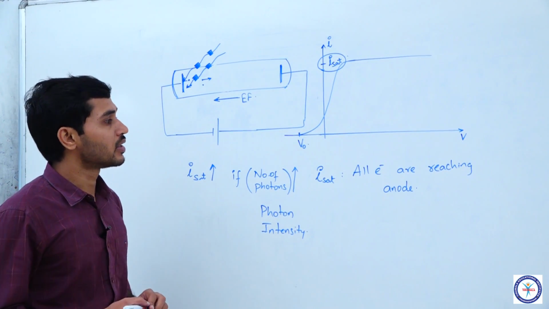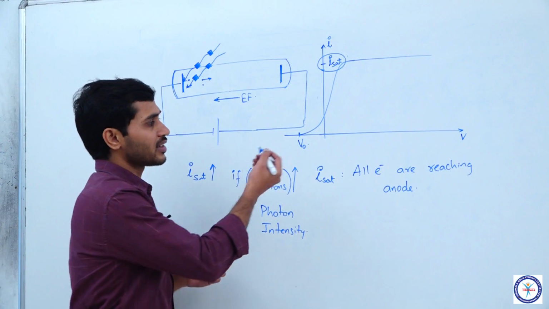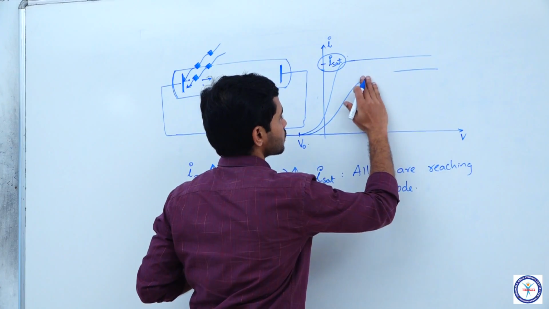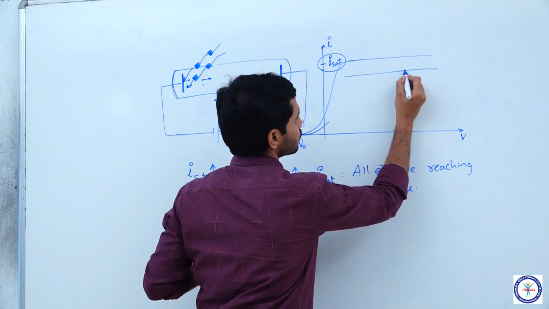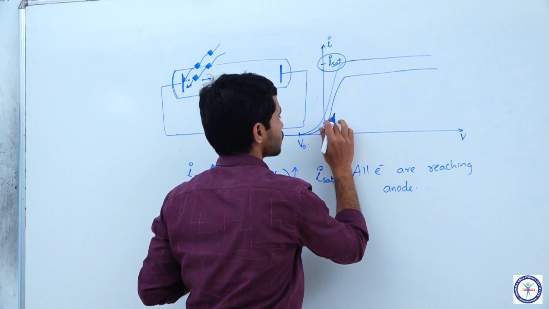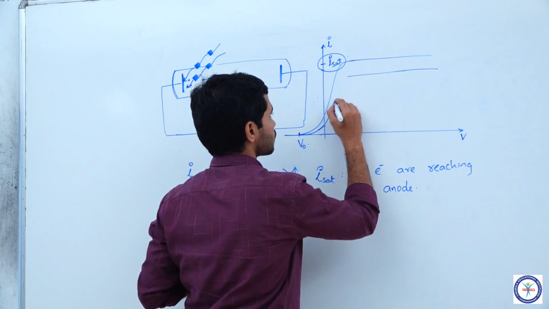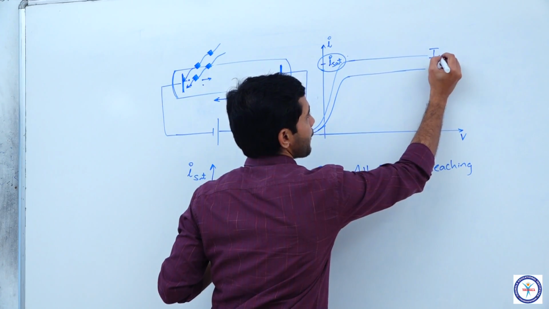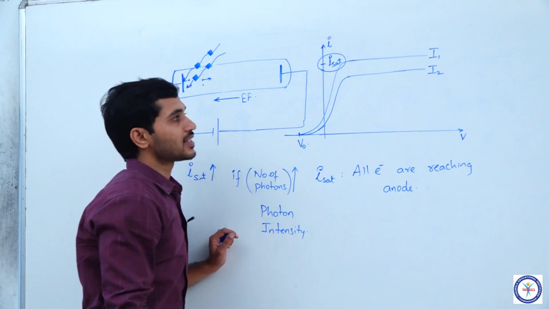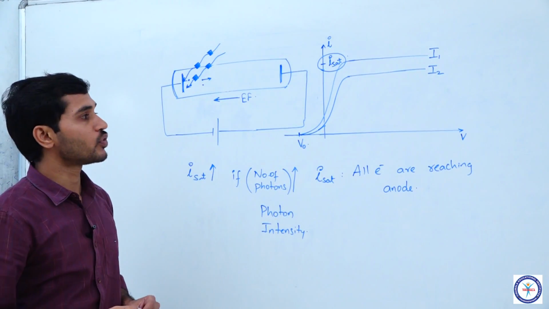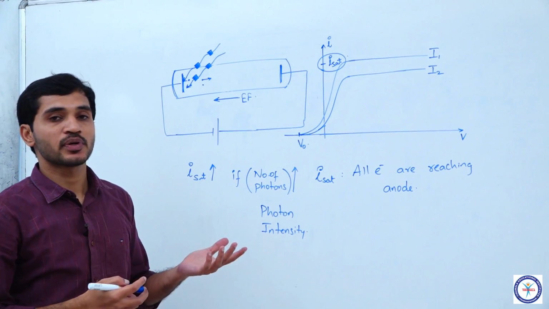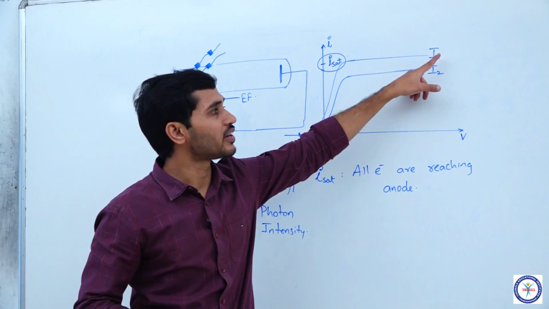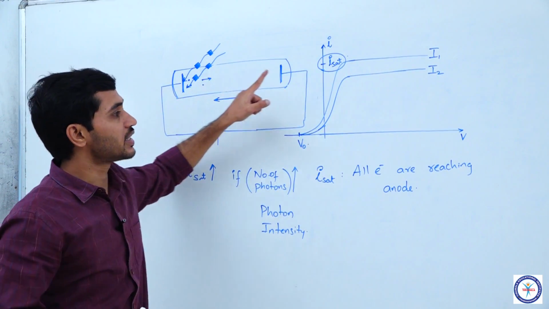So, keeping this in mind, let me slightly change this graph. Let us assume that this is the graph which was drawn in an experiment done twice. In one case, I have made sure that the light incident over here has an intensity of I1, and in the second case, the intensity is I2.